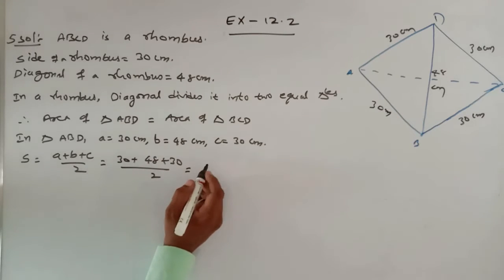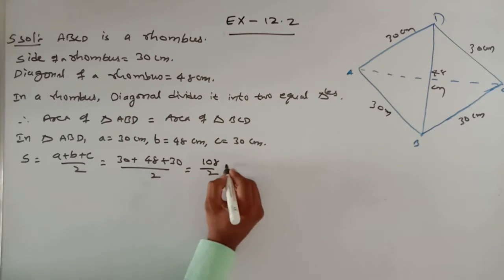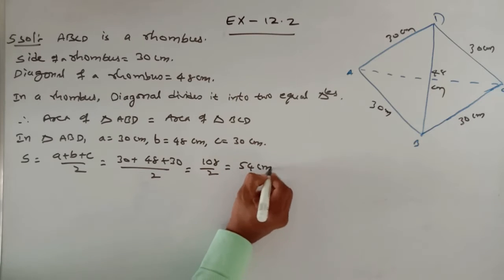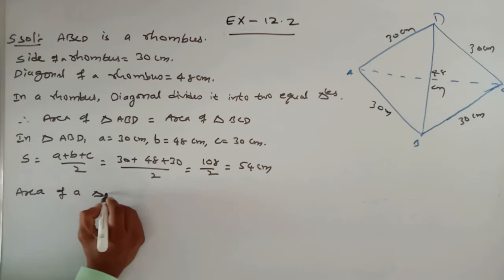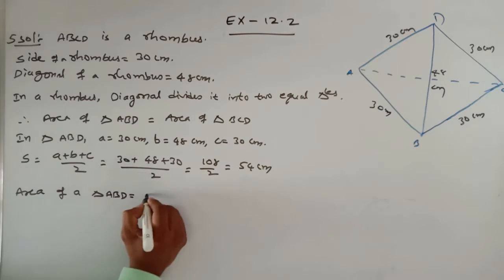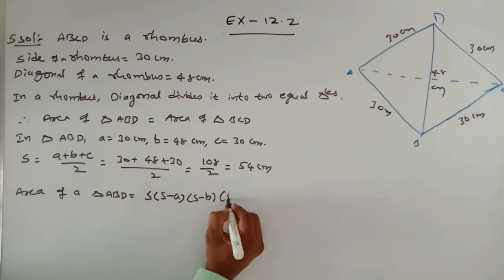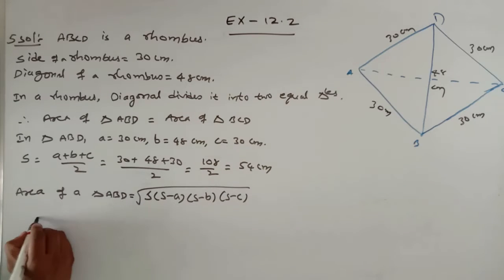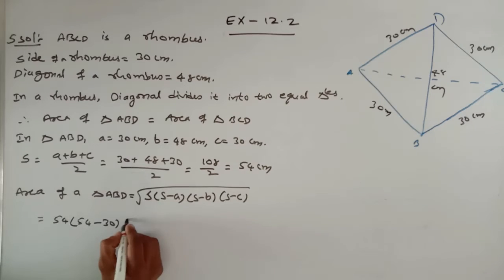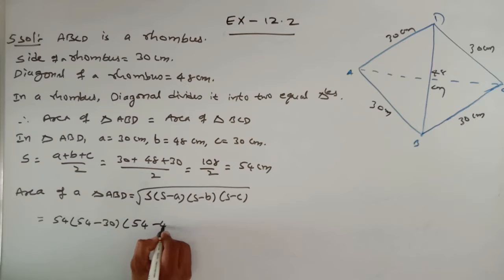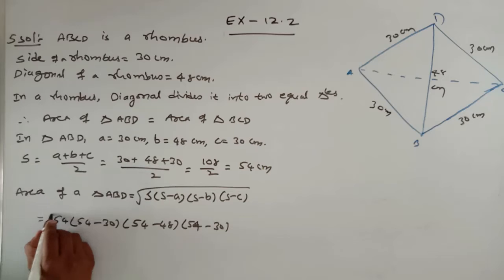That is 108 by 2, equal to 54 meters. Now area of triangle ABD is equal to square root of s into s minus a into s minus b into s minus c. That is the square root of 54 into 54 minus 30 into 54 minus 48 into 54 minus 30.